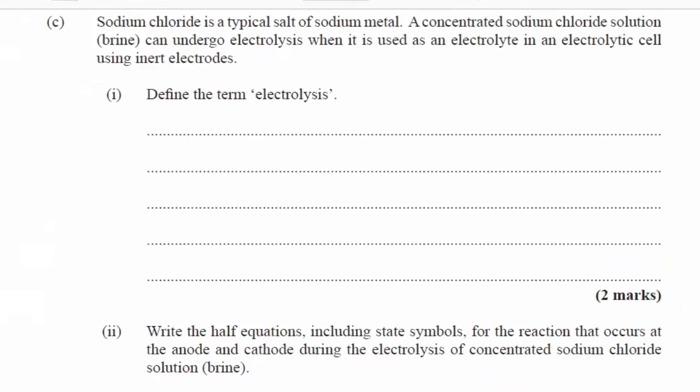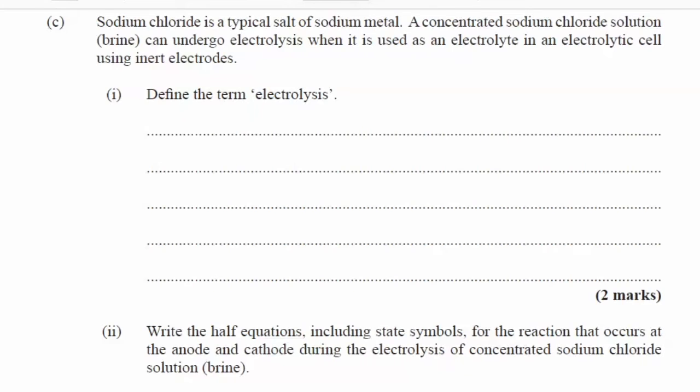Part C. Sodium chloride is a typical salt of sodium metal. A concentrated sodium chloride solution, brine, can undergo electrolysis when it is used as an electrolyte in an electrolytic cell using inert electrodes. Part 1. Define the term electrolysis. Right?